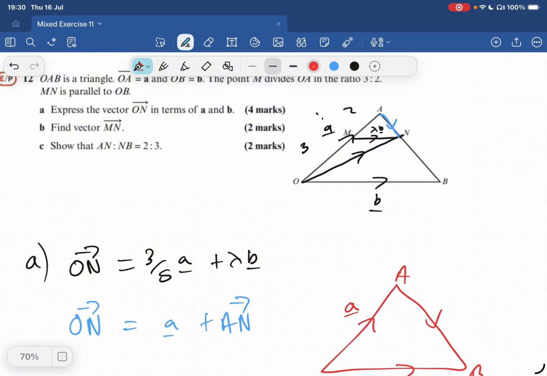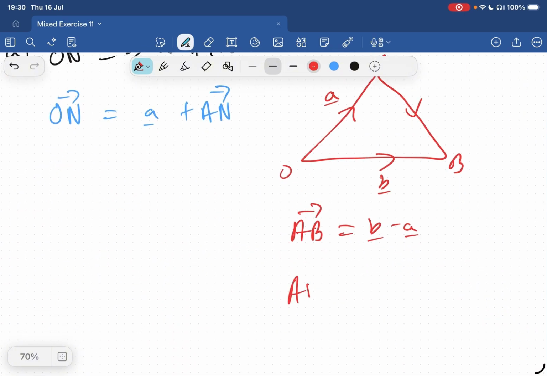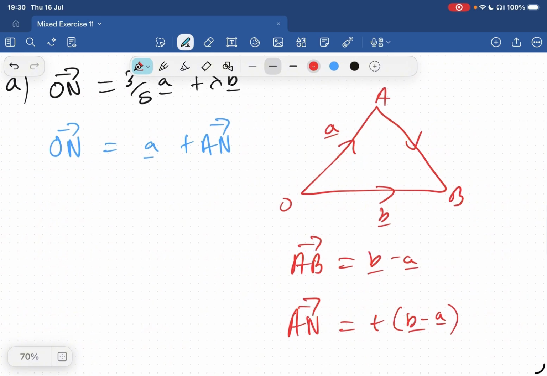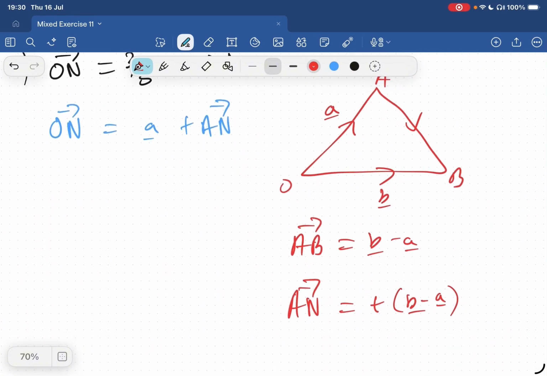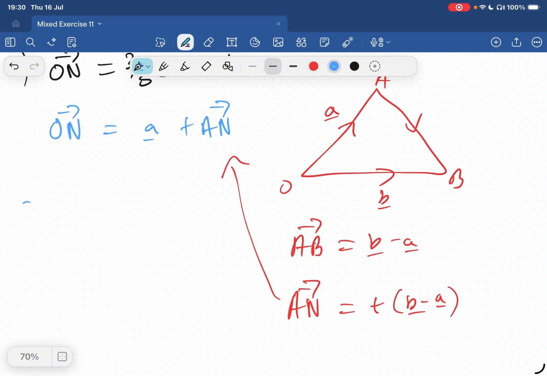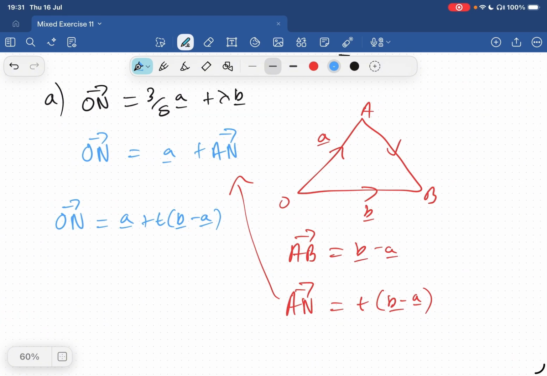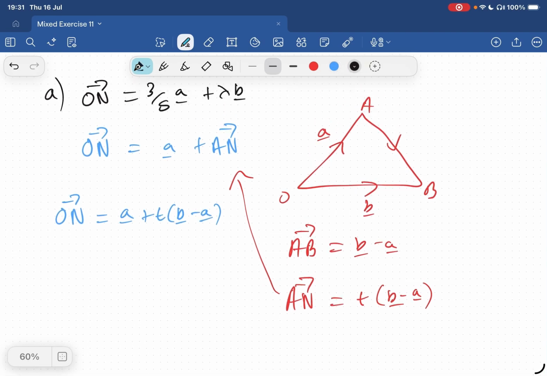This A to N is then some fraction of A to B. We represent this T. It's just some fraction of A to B. Okay, so now let's sub that into here, back onto our blue. So O to N can also be represented as this fraction of A to N. So we've got two equations now, our black and our blue, that represent O to N. Let's equate these two together.